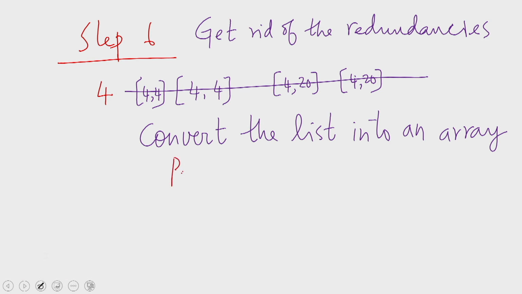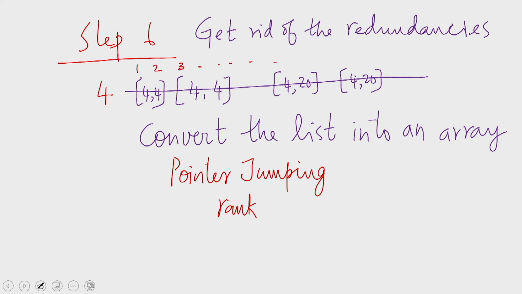Once again we can use pointer jumping for this, to rank the list. Once you rank the list, we know which is the first entry, which is the second entry, and so on. The maximum length is n. There are at most n minus 1 neighbors to every vertex. So, using pointer jumping, we rank the list.